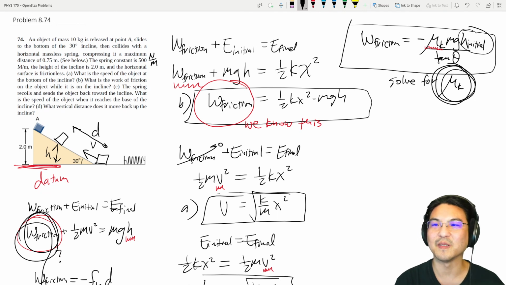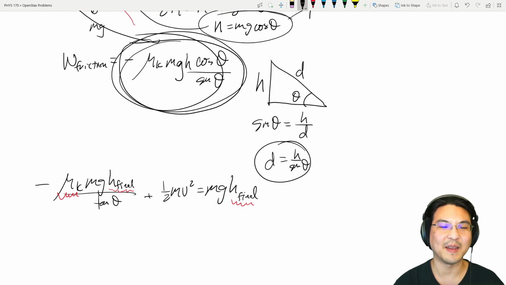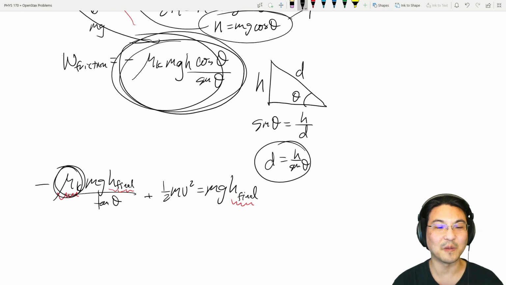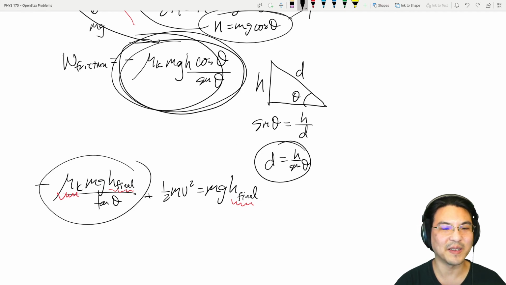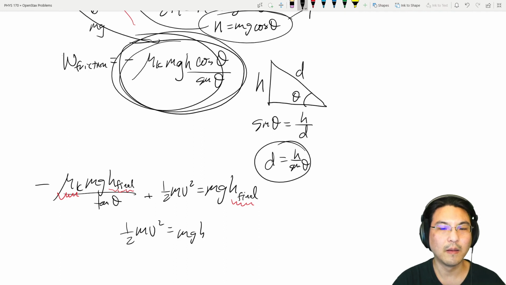So this is known, right? So take this answer, and now it goes here. We know it. So the only unknown left is this final height. I just take this, move it on this side. Plus mu k mg h final over tangent, right?